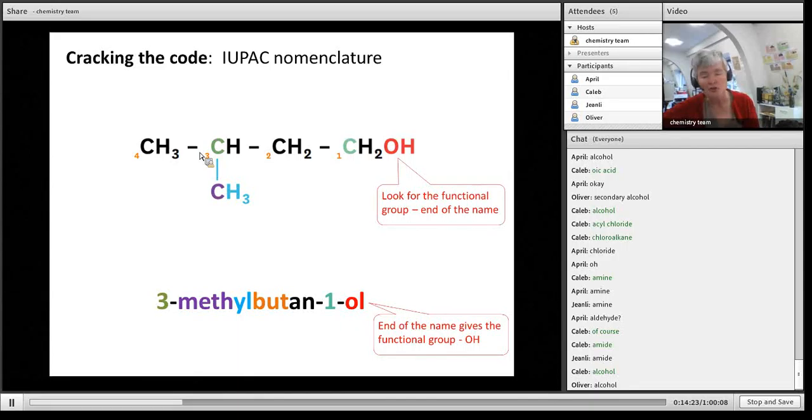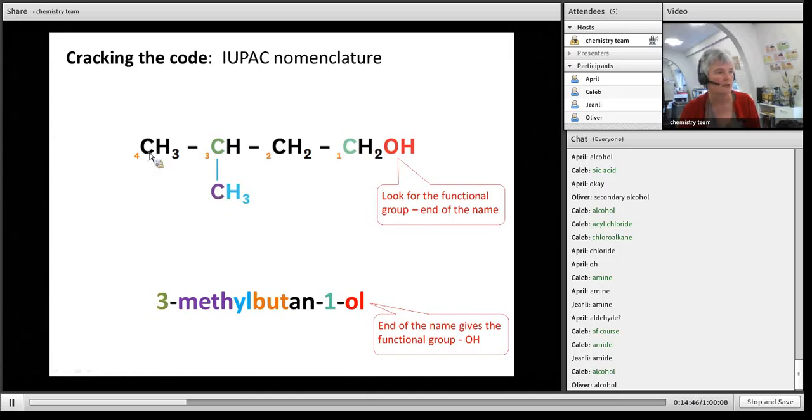The next thing you do is look for the parent chain, that longest continuous chain that includes the functional group, so you can draw your finger along it where you don't have to lift your finger to hop from one end to the other. So you can't go over here, then down, and then hop to there.